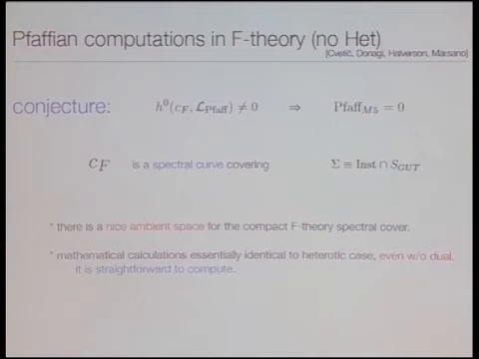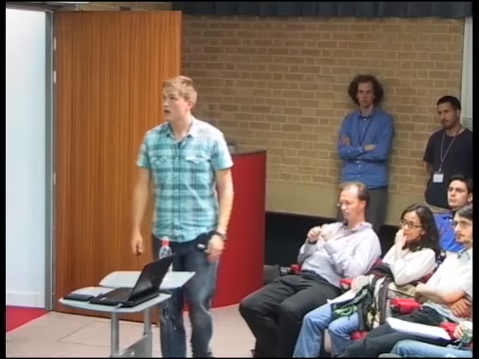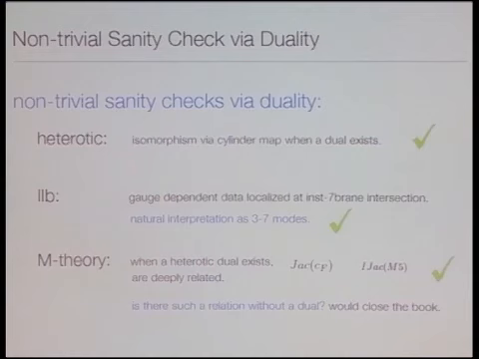But in the spirit of the work that you are doing, this is the analogous thing that you would compute when a dual does not exist. The thing that's nice about it, and the non-trivial checks, is that it is isomorphic when a dual exists, but in type IIB, this is the spectral curve over the 3-7 intersection. So this very much has the flavor of these lambda modes. And we have some statements about M-theory, but we're also working that out.